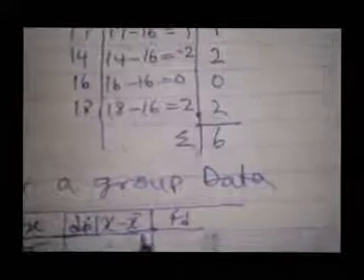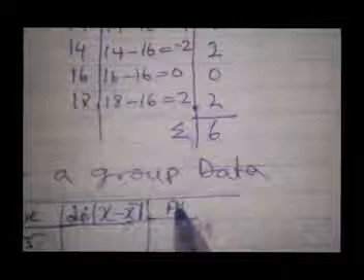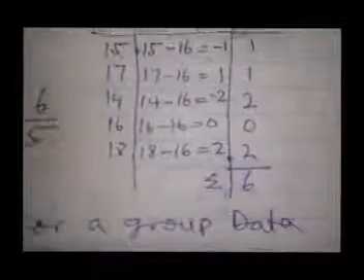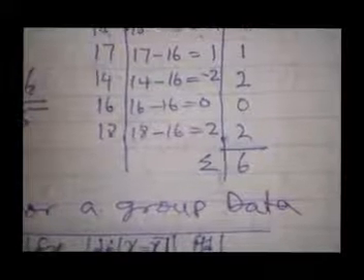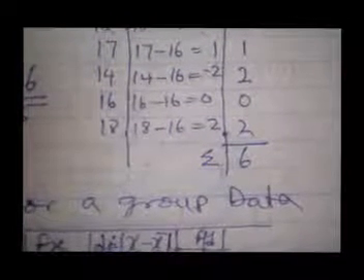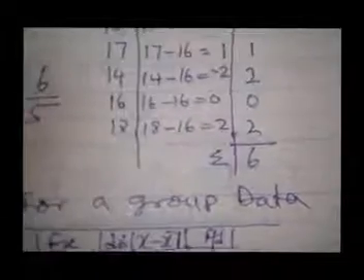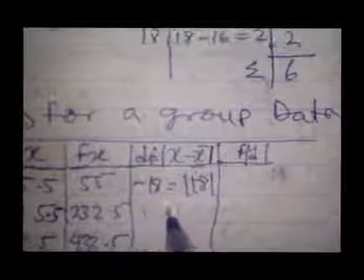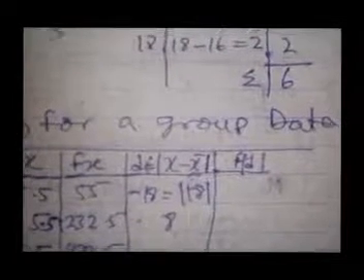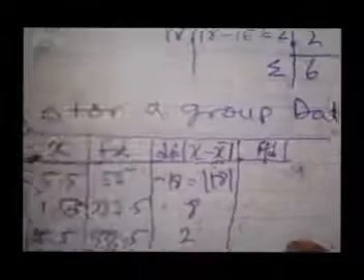But you have to remember that the d, our difference here, is an absolute value. So this is minus 18, but automatically gives us 18 as an absolute value. Then the rest: this is 8, this is 2, this is 12, this is 22.